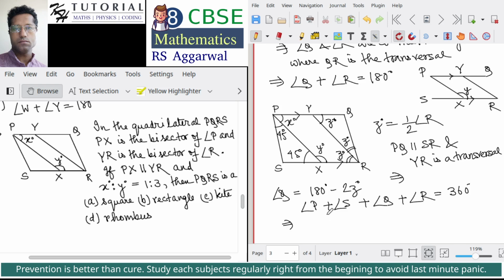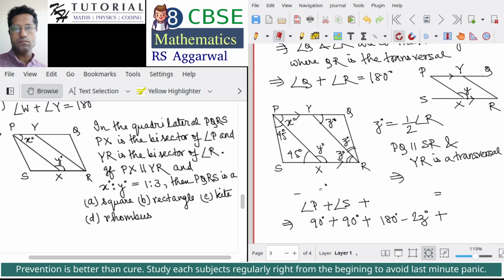Now angle P is 90 degree, angle S is 90 degree, and we have angle Q is 180 degree minus twice Z degree, and plus R, which is twice Z. Oh, it is becoming an identity. I'm stuck once again.